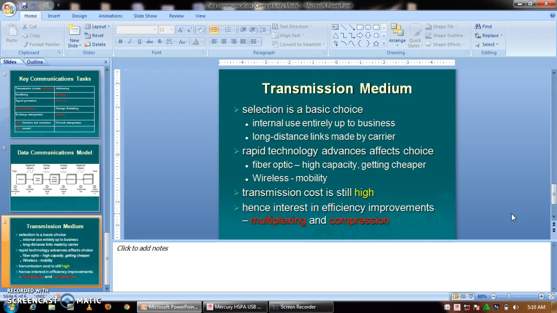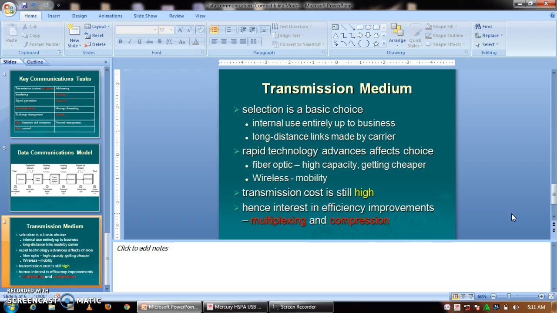Transmission medium. Why is the transmission medium needed to communicate between the sender and receiver? Because we have a choice of technology to communicate between the two. So the selection is a basic choice to communicate. Long distances have to be covered by a carrier.